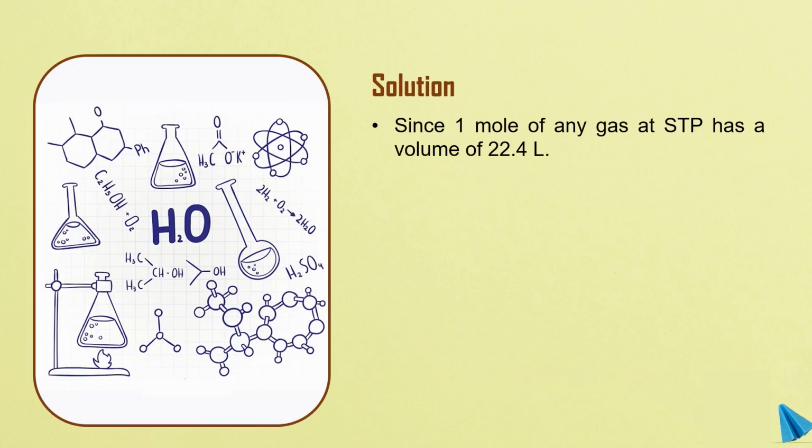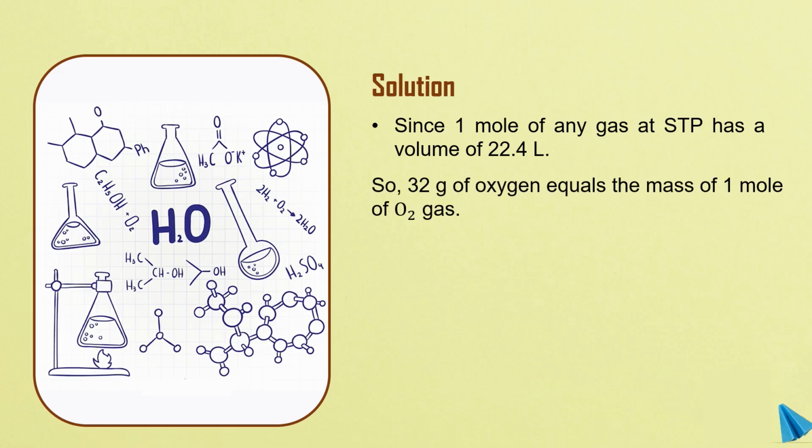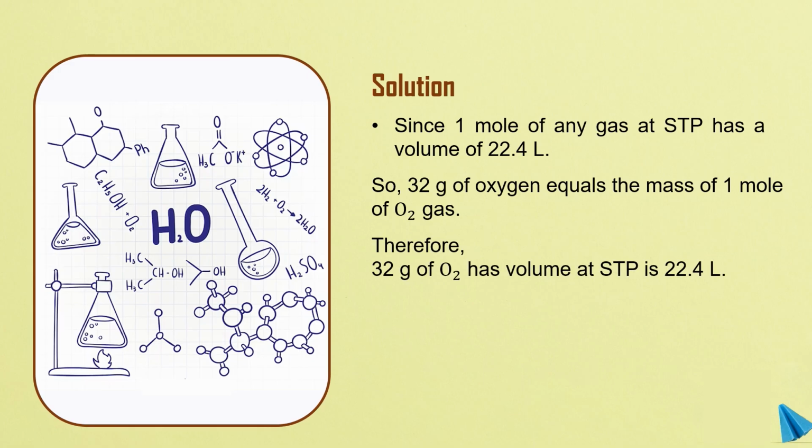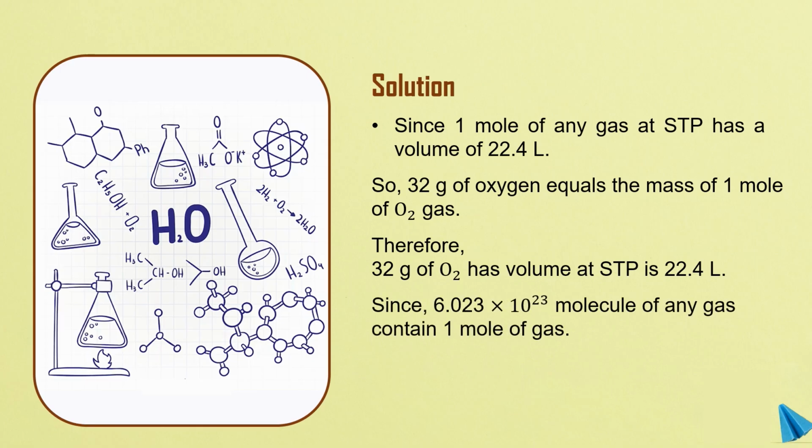Since 1 mole of any gas at STP has a volume of 22.4 liters, we can say that 32 gram of oxygen equals the mass of 1 mole of oxygen gas. Therefore, 32 gram of O2 has a volume at STP of 22.4 liters. Along with that, 6.023 multiplied by 10 to the power 23 molecules of any gas contains 1 mole of gas.